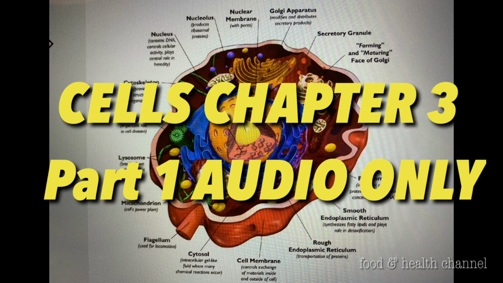Cytoskeleton. The cytoskeleton is composed of thread-like structures called microfilaments and microtubules. The cytoskeleton helps maintain the shape of the cell and assists the cell in various forms of cellular movement.